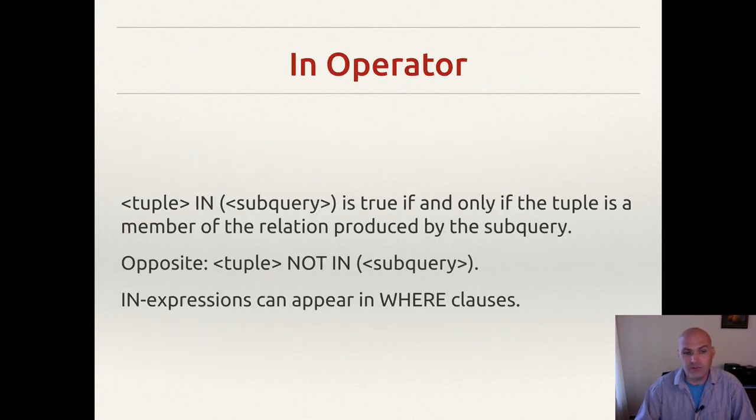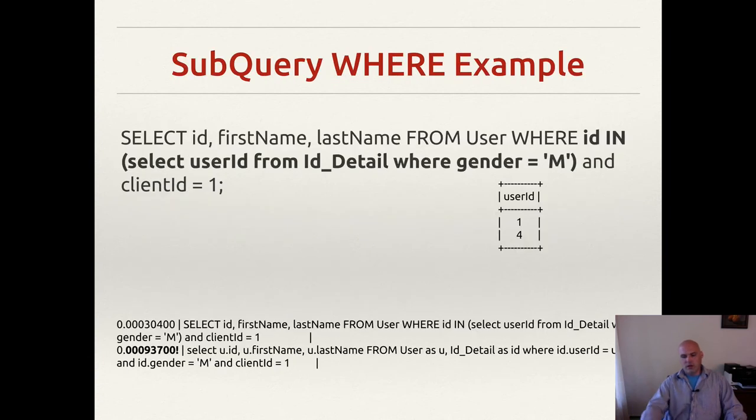Okay, so the in operator. We have been using this a couple of times, so let's give it a good, strong definition of its own. The in will return true, meaning I will return this tuple in the selection, if and only if it's a member of the relation produced in the subquery, right? We saw that before over here.